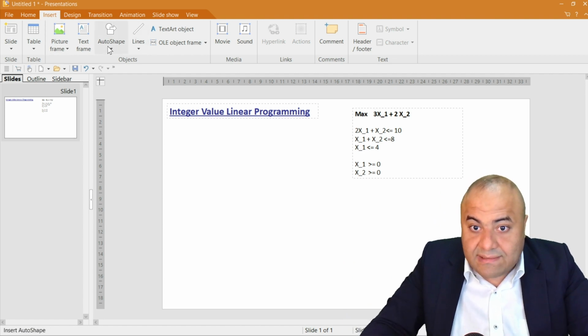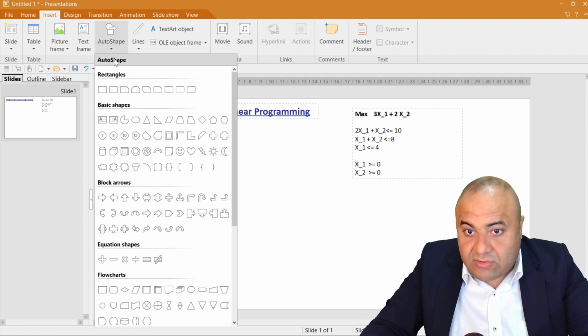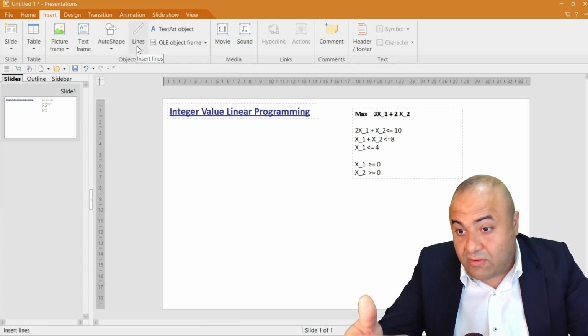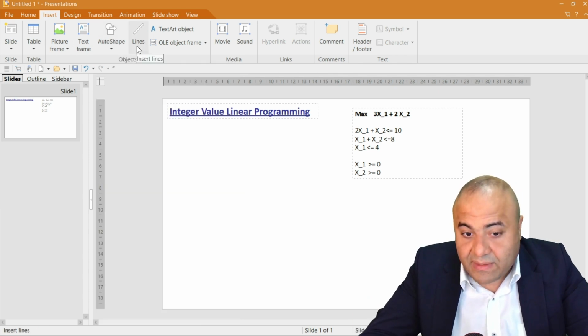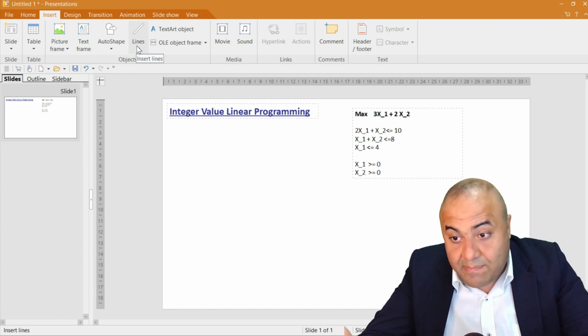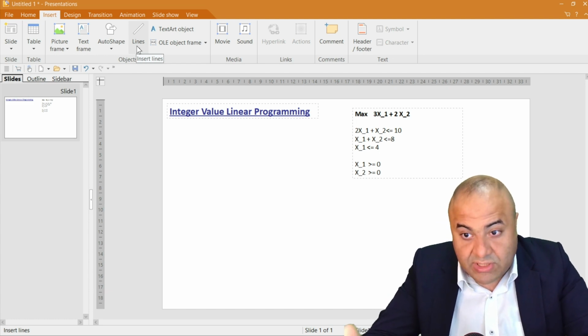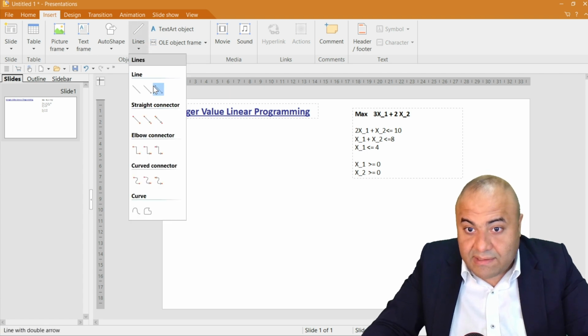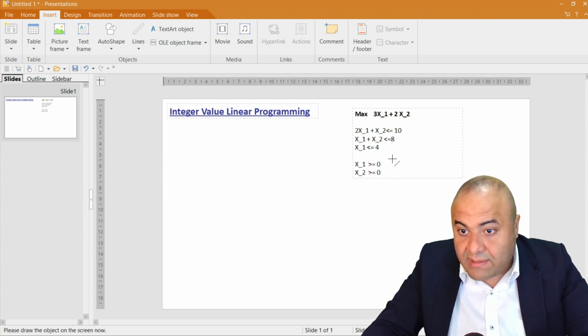So let's solve this by a method called the graphical method, in which we are actually mapping the area of solution based on these parameters and their constraints.